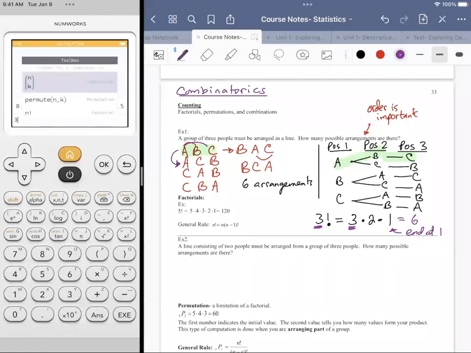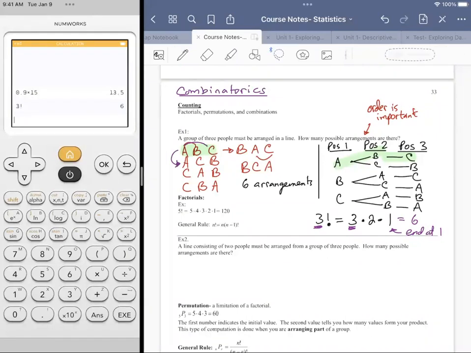It brings you into the combinatorics menu. You have combinations, permutations, and right at the bottom here is factorial. If I select that, it brings up an exclamation point on my home screen. Hit enter, gets the job done.